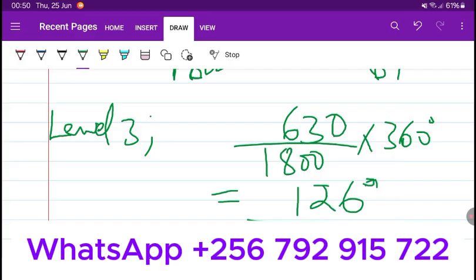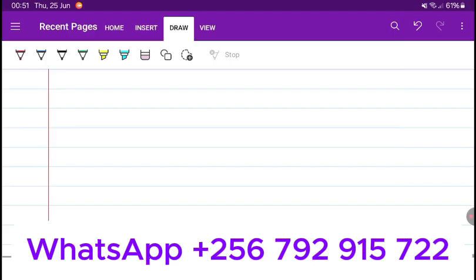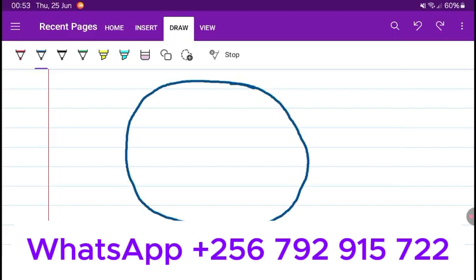Of course, once we have gotten that, then we go ahead to draw the circle. When you use a pair of compasses, you will have a very clear circle.